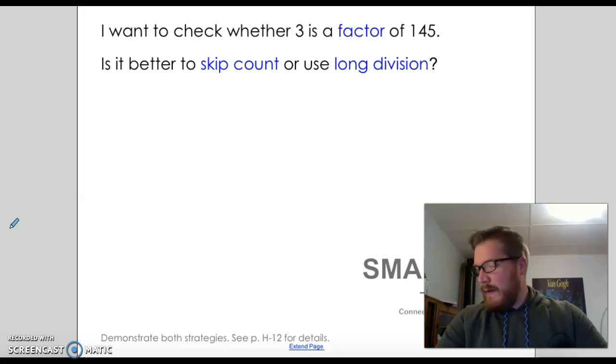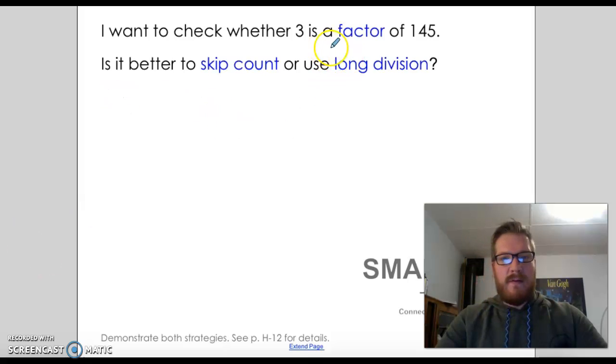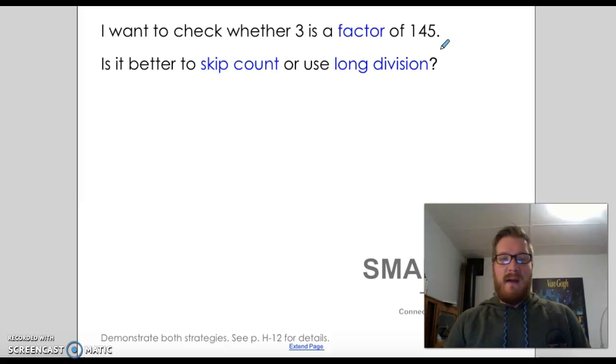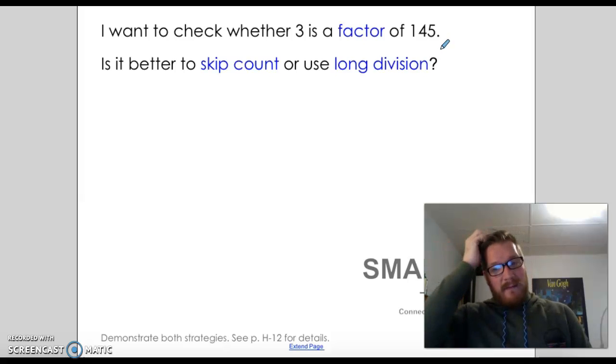And so the next thing that we can do is start to consider whether it's easier to skip count or to use long division. So if we're trying to figure out if 3 is a factor of 145, you can start skip counting. 3, 6, 9, 12, 15, 18, 21, 24, 27, 30, 33, 36, 39, 42, 45, etc. The downside to that is that 145 is kind of a big number, and if you're skip counting by 3s, it could, A, take you an awful long time, or B, you could lose your place and have to start over.